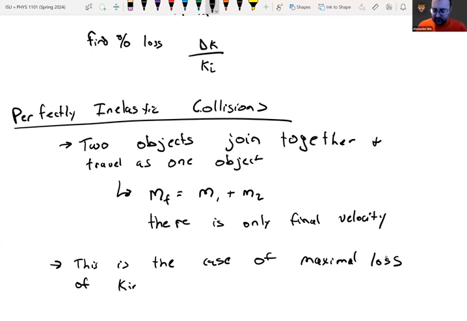Sometimes that means that the two things will remain stationary, but not always, okay? The way you can think about it is that in a collision, the conservation of momentum rules first. So momentum absolutely has to be conserved.